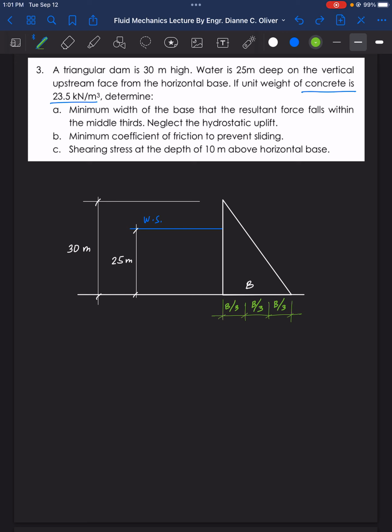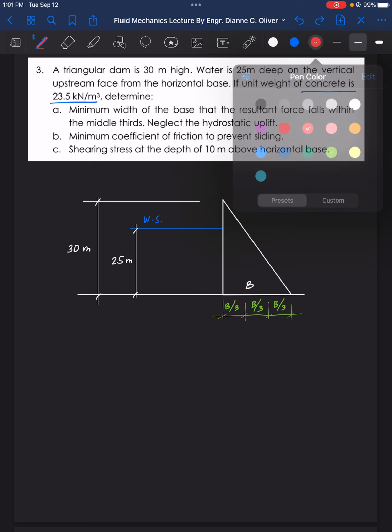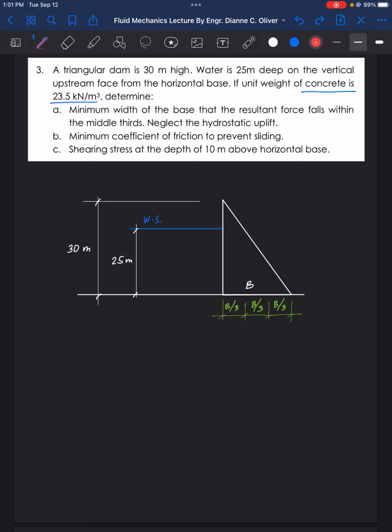Now it's looking for the minimum width of the base such that the resultant force falls within the middle thirds. So to look for the minimum width, we will place the resultant in two places. This is our first scenario, where RV is located at X bar 1. Our second scenario is this one here.